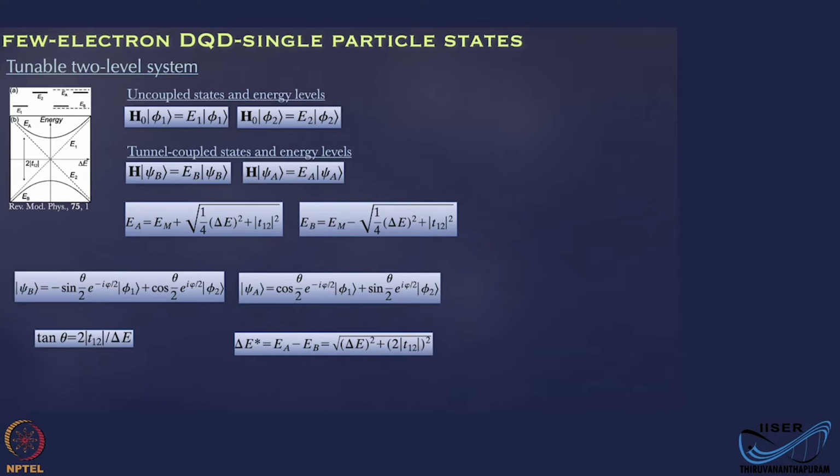They are tunable two-level systems. So you have the atomic state, the energy level in each dot, which you can tune by tuning the gate voltages. So you can tune the energy difference between these two, and you can play around with various device parameters. Basically, what you have now is an atom where you can tune the energy levels.